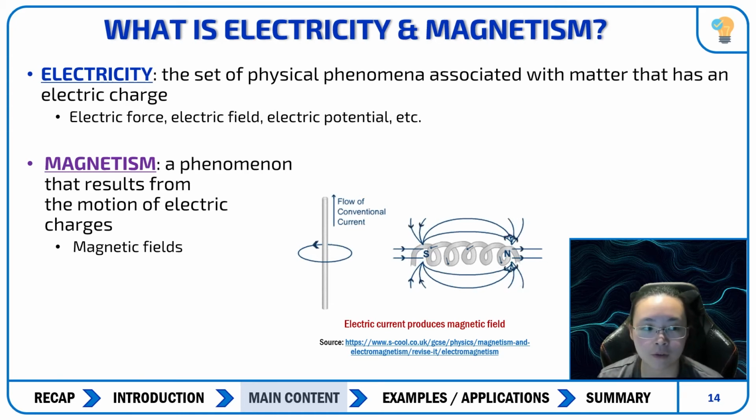And magnetism is a phenomenon where the motion of an electric charge creates an electric current, and that electric current creates a magnetic field. So as you can see with this picture over here, you have the flow of a conventional current, and that creates a magnetic field. And eventually you can take a look at coiled systems as well. Way back in history, these two things were studied separately, but now they've really merged into the field of electromagnetism because they coexist together.